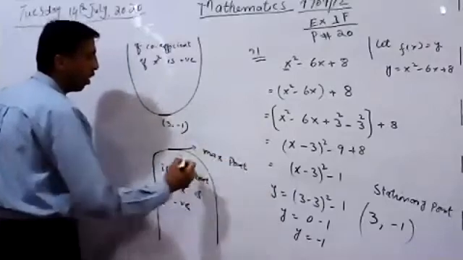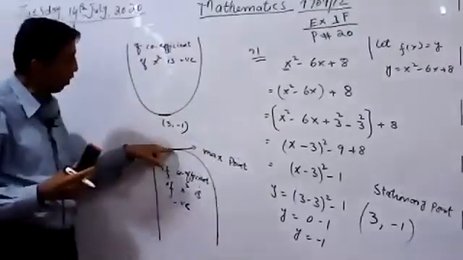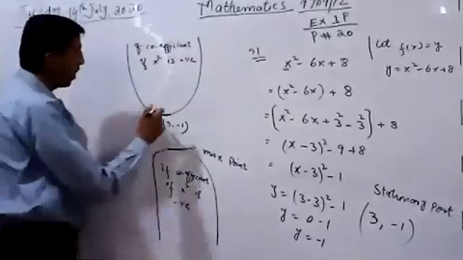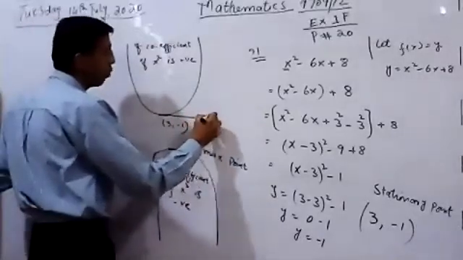It means our curve has the maximum value, this one, and in the other case this would be the minimum point.